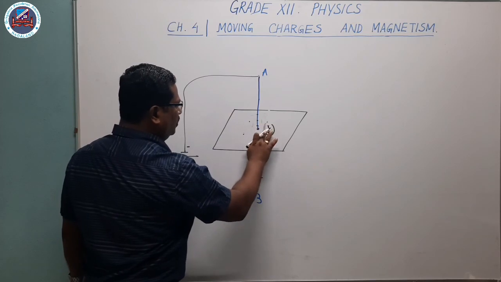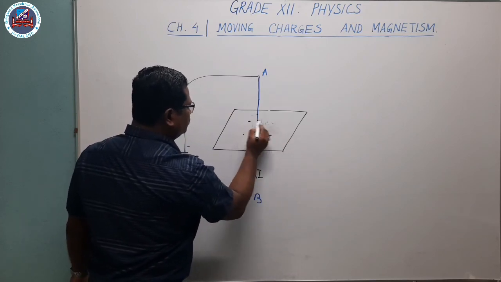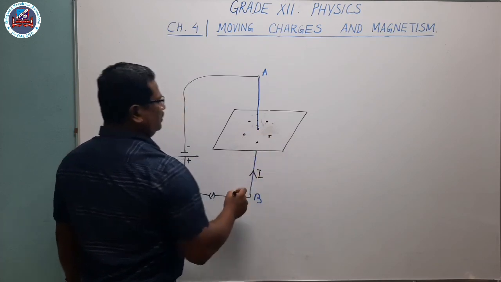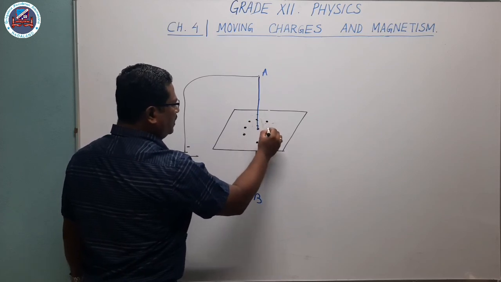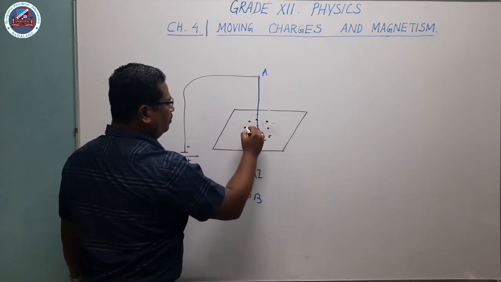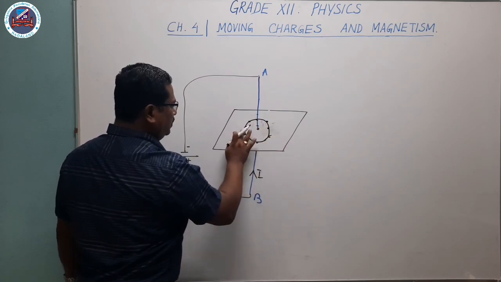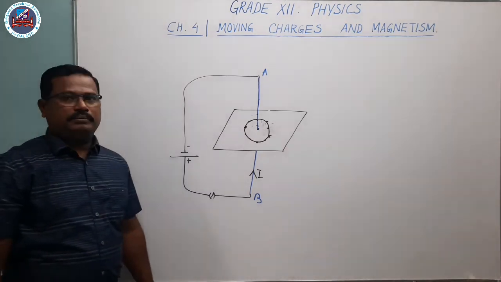Like that, if you go on placing the dots, you will find that these dots form a circular pattern, and if you join all the dots, you can see the magnetic field line around the wire.